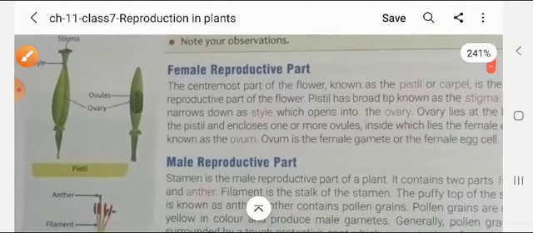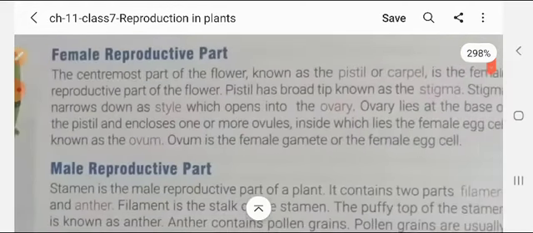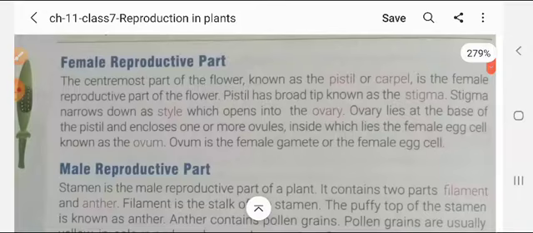The stigma narrows down as a style, which opens into an ovary.